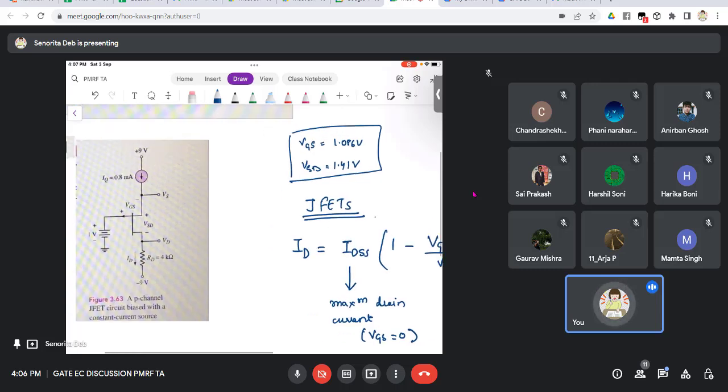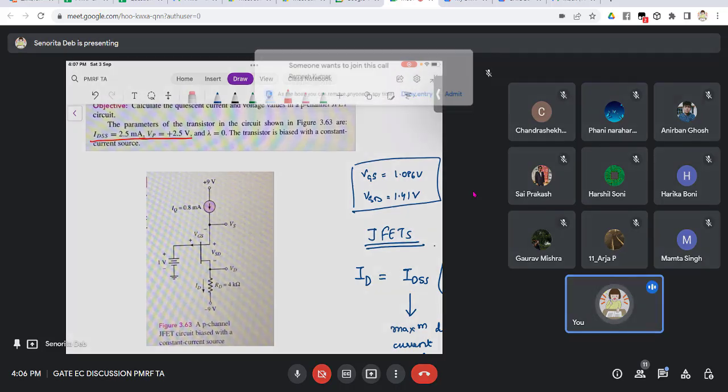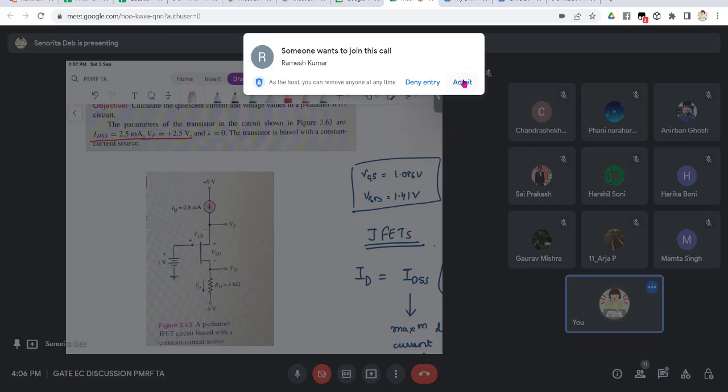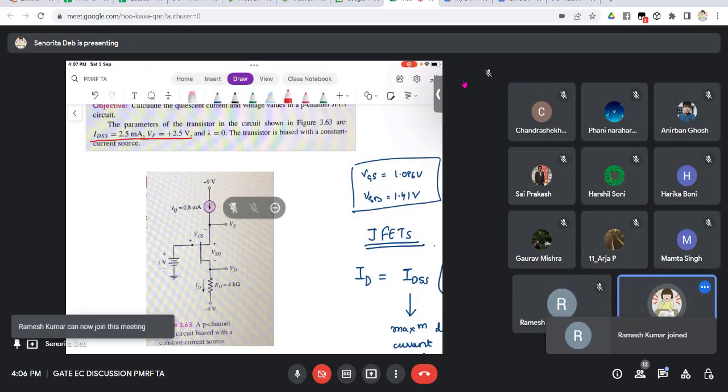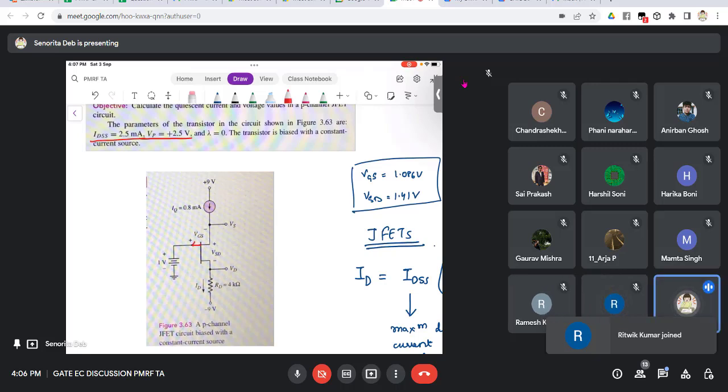Now in this question, IDSS is given, VP is given, and we have to find the other parameters. So what are the other parameters? We have to find basically VGS, and we have to find VDS, right? Now here you can see that the arrow, if the transistor is outside, that means this is a PJFET.